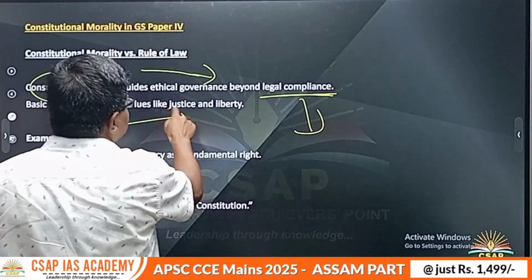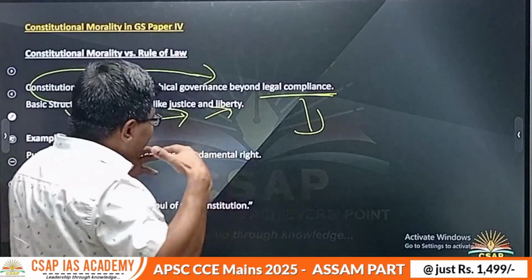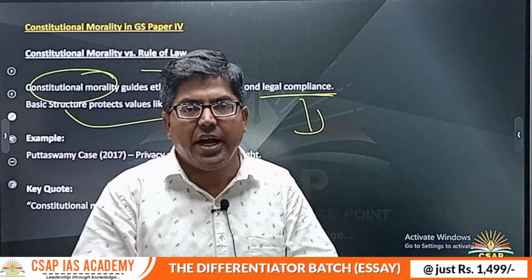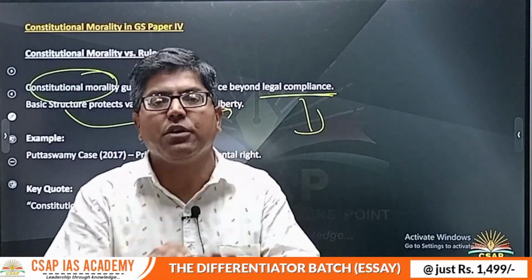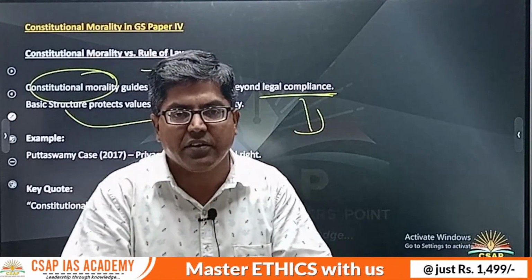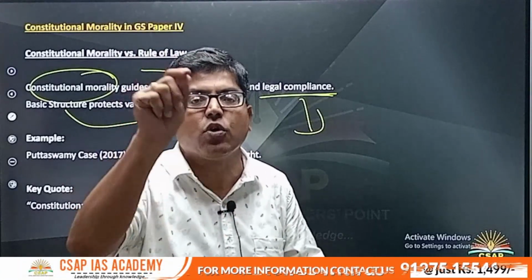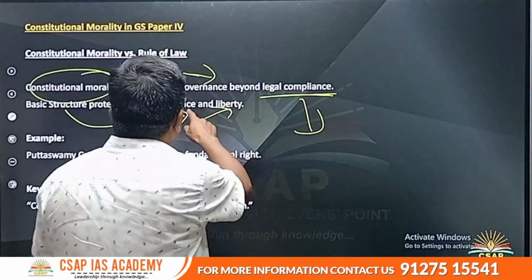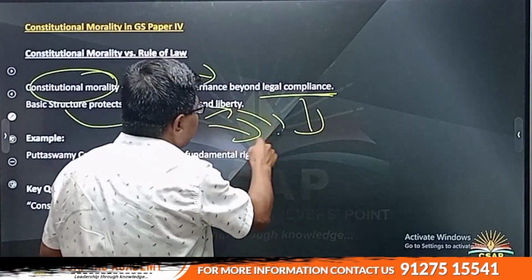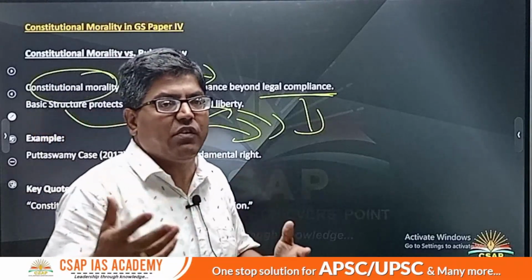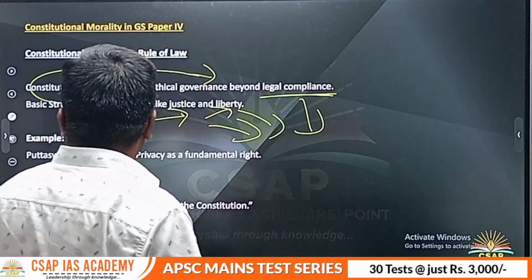And in ethics, whenever you face a dilemma, which course of action should you adopt? What are the guiding principles that should determine your course of action? There has to be justice, sometimes liberty, so all these ethical values play a very important role.